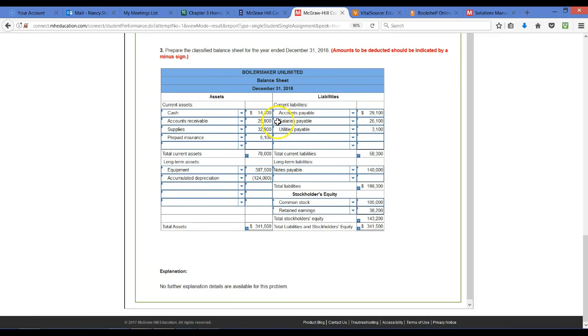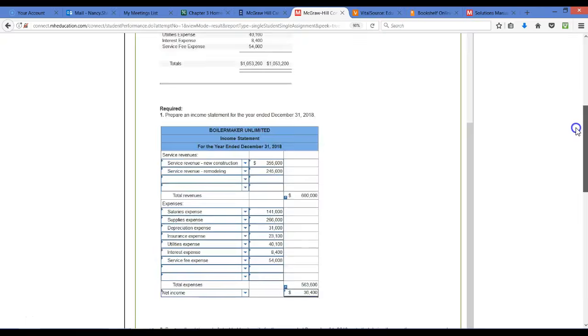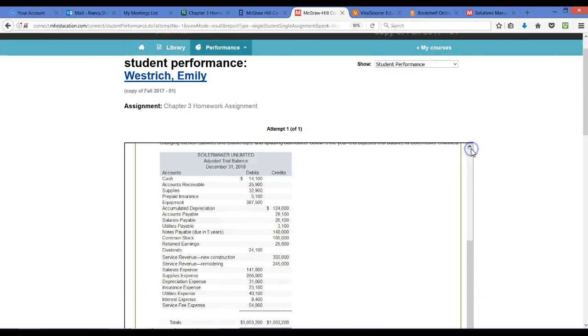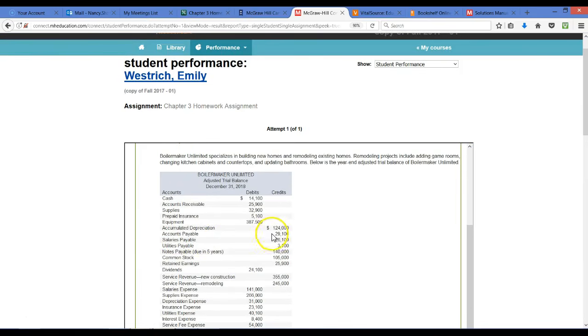Our accounts payable, salaries payable, utilities payable, and notes payable came from up here.